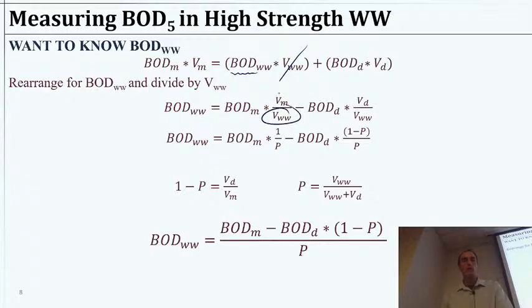That's going to show up right here. We've also moved the BOD of the wastewater to the left, subtracted from both sides, and we're just flipping the sides here. So we're just putting BOD of the wastewater by itself, subtracting this from both sides, and we get this. BOD of the wastewater equals BOD of the mixture times VM over V wastewater, all that minus BOD of the dilution water times VD over V wastewater.